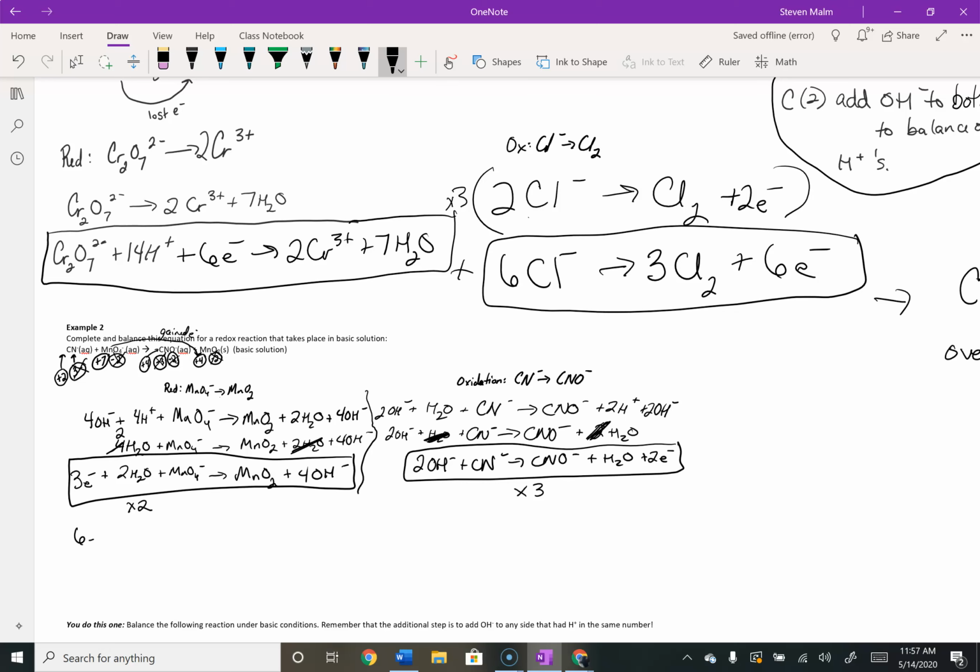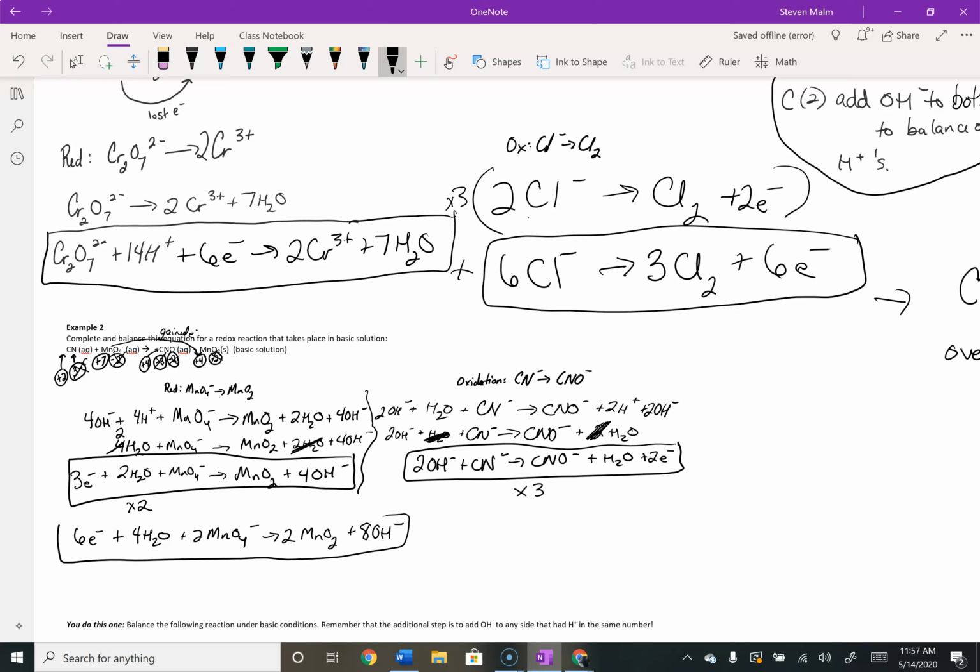And I'm going to get 6 electrons plus 4 H2Os plus 2 MnO4s makes 2 MnO2 plus 8 OH minus. Did I do that right? Double check. Yep.